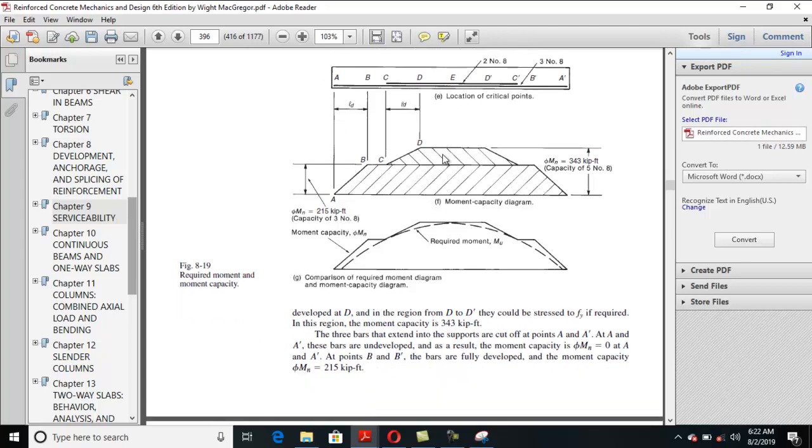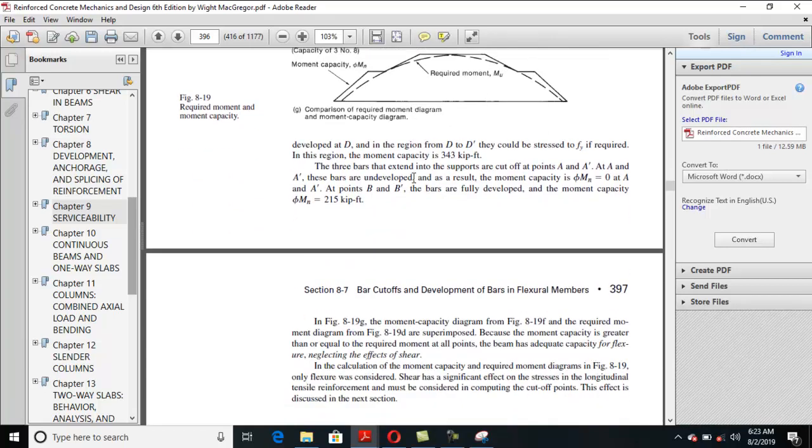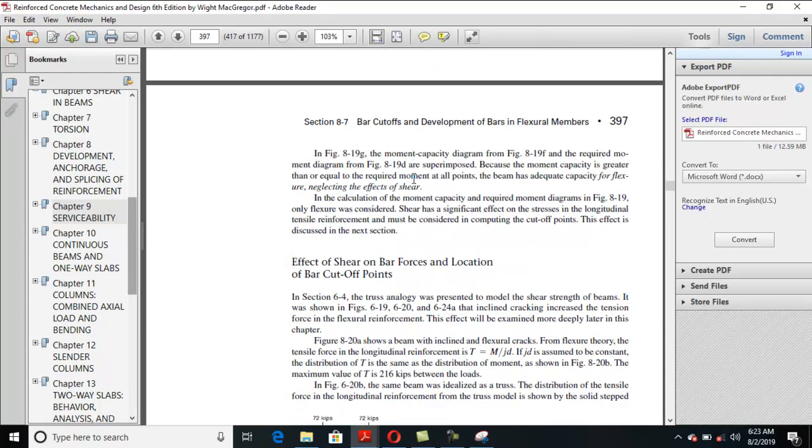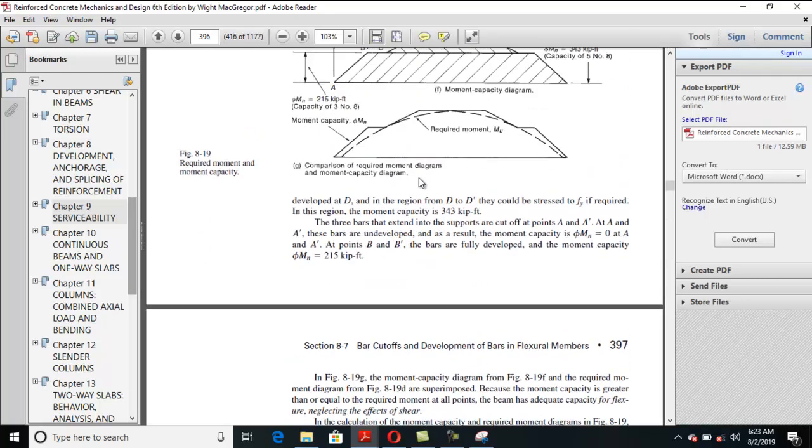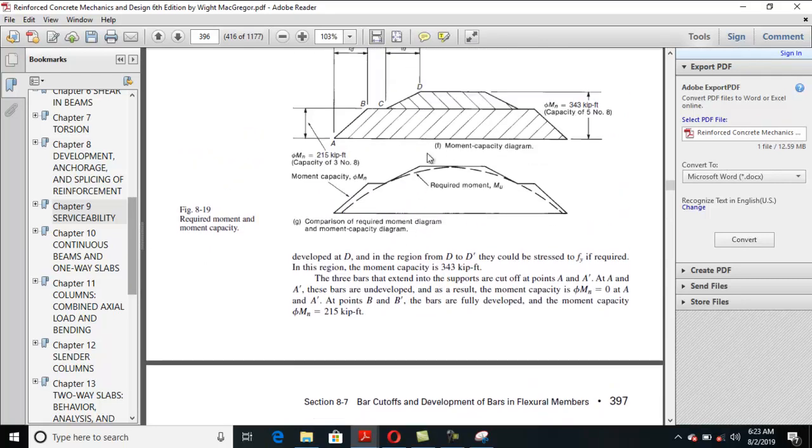This is the envelope diagram, the moment strength diagram you can say, and your moment strength diagram must be within this moment envelope. The dotted line shows the actual moment diagram, and the continuous line shows the moment strength diagram. That is the same example which I did in lecture 9, so you can understand better if you read this example.